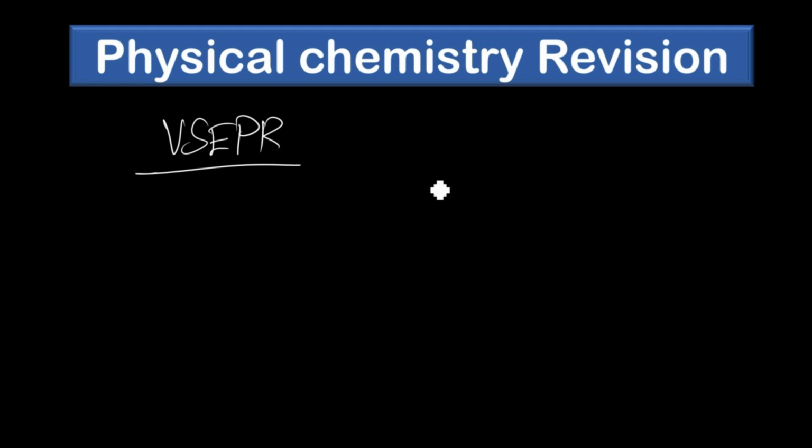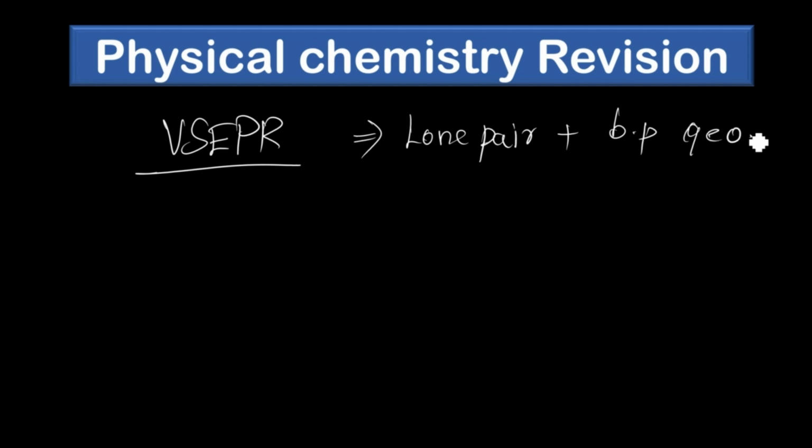So this gives us the lone pair and bond pair geometry. So how to find the shape and geometry which is used by VSEPR theory.